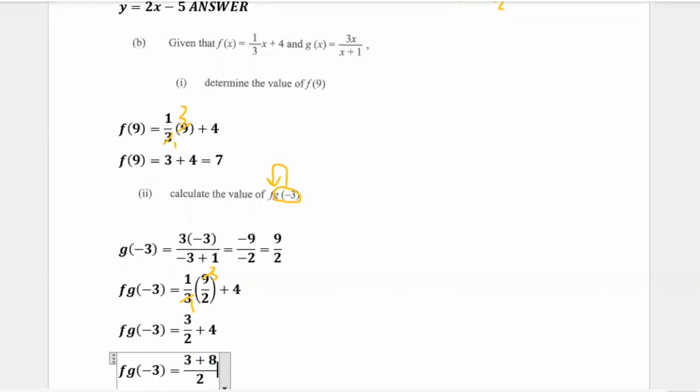And that is how we now get 8 plus 3 will give us 11 over 2, which is the same as 5.5. So f of g of negative 3 is equal to 11 over 2 or 5.5. Any question?